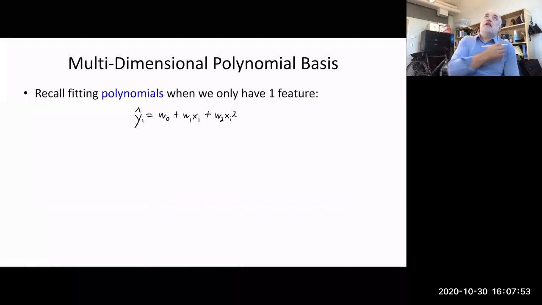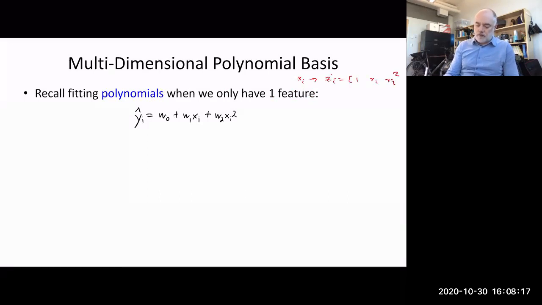Before we go there, let's think back to when we were building polynomial basis functions. When we fit polynomials with one feature, we did a basis expansion to z_i equals 1, x_i, x_i squared, and then we fit a model like that, right?